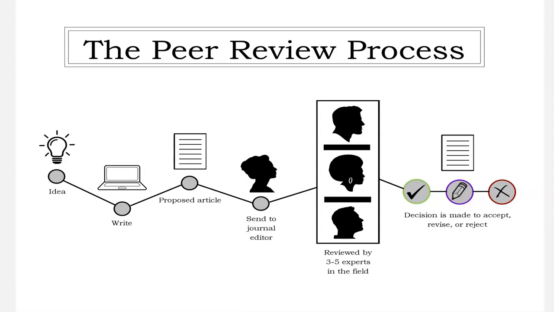And this happens so that the journal knows that the information is accurate and without any types of bias. This is also a long and expensive process too. It takes a long time to have your article published in a scholarly journal. And of course, all of these experts need to be paid, so that's why it's so expensive.